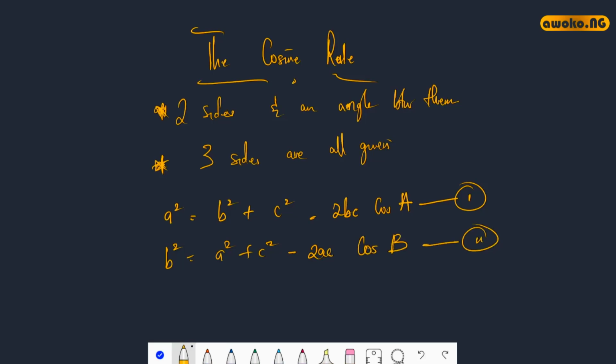We can also have c squared equals a squared plus b squared minus 2ab cos C. So these are the three equations we can use to solve for unknown variables. Of course, I'm sure you know what a, b, and c represent.